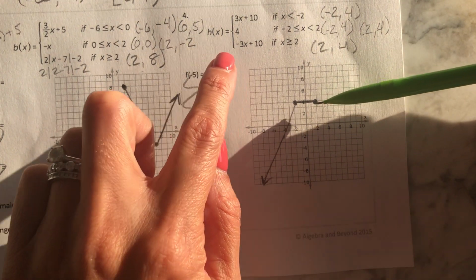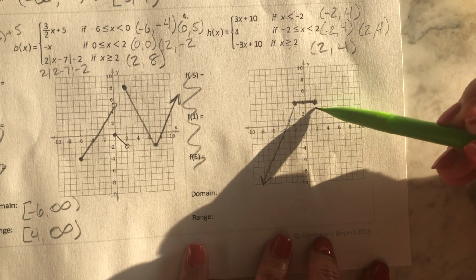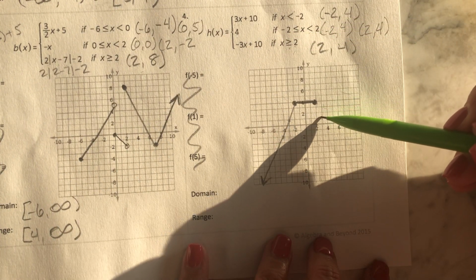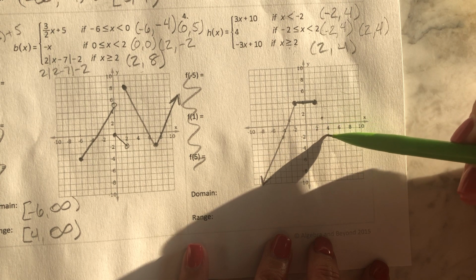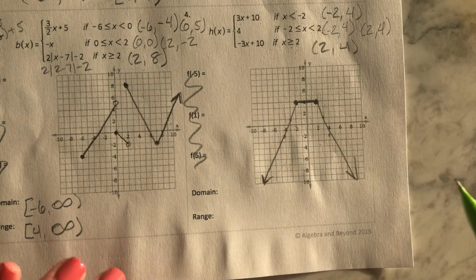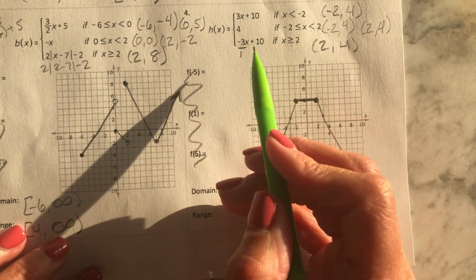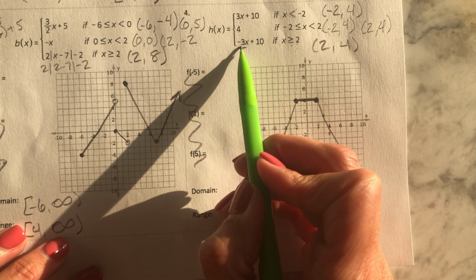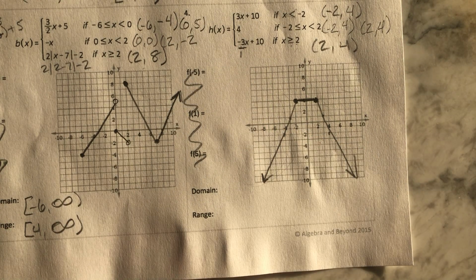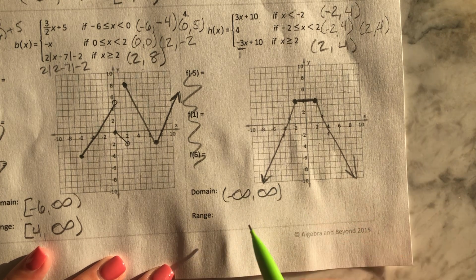Slope is negative, so the line's going to go this way. So down 3 over 1. And draw your line. I got that slope from the number in front of x. Remember, it's mx plus b. m is the slope. All right, domain, -infinity to infinity.